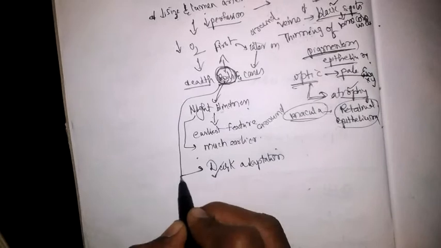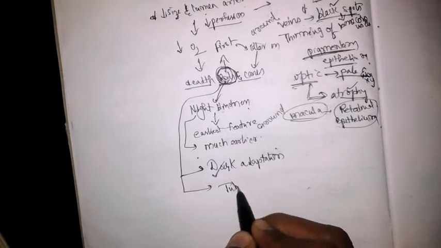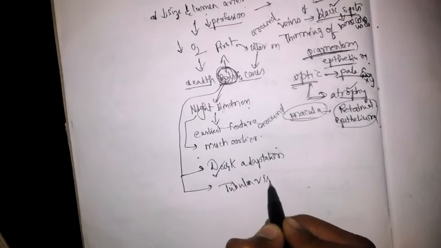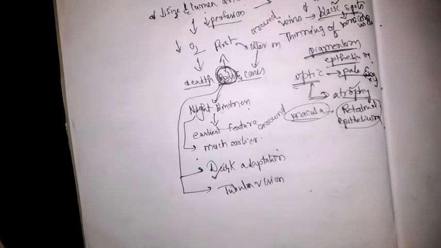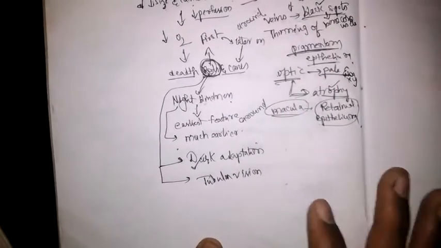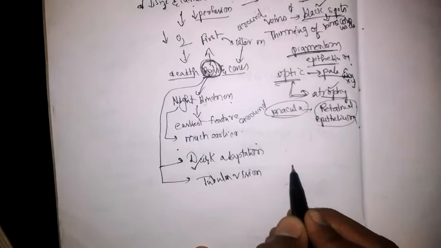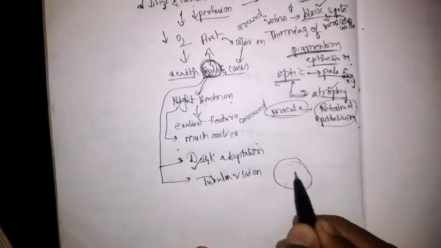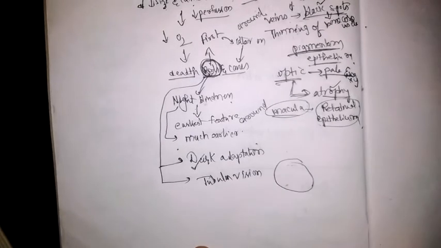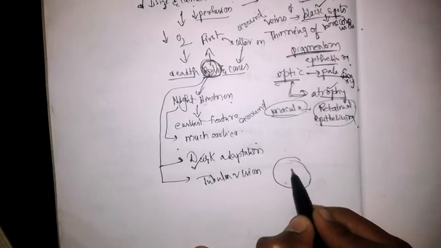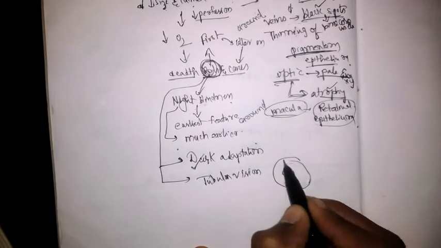Then you will see tubular vision. What we understand from this is, if this is the overall field of vision, what we can see is only the central part.